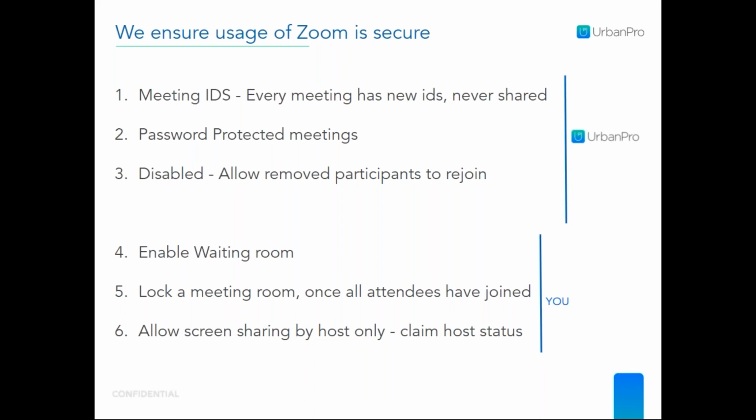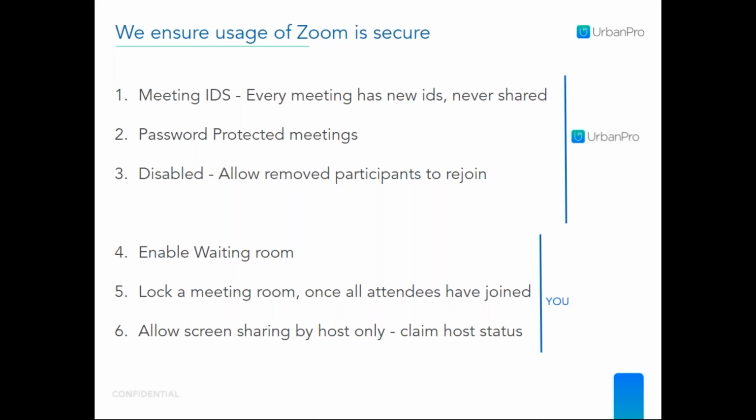Now, the next thing is that we have also, in accordance with guidance from the ministry, disabled the option which anybody can use to rejoin a class once you remove them. So what that means is that if you remove somebody from the class, then they cannot rejoin it. Now, what you can do from your side to make sure that your classes remain secure is to, number one, make sure you always enable the waiting room.